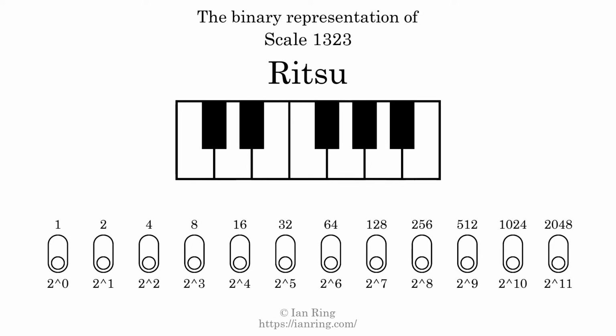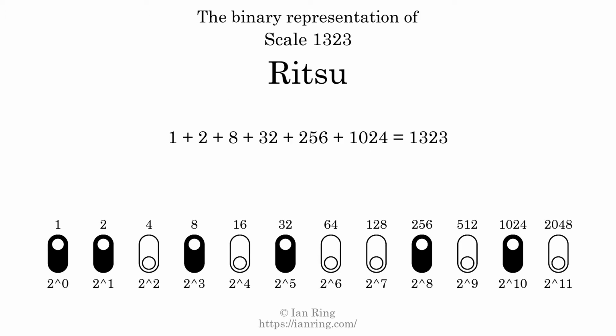The binary representation of this scale is determined by mapping tones of the scale to binary digits. Each binary digit represents a power of 2. To get the scale number, we add the powers of 2 together. The powers of 2 that are present in the scale, all added together, equals 1323.